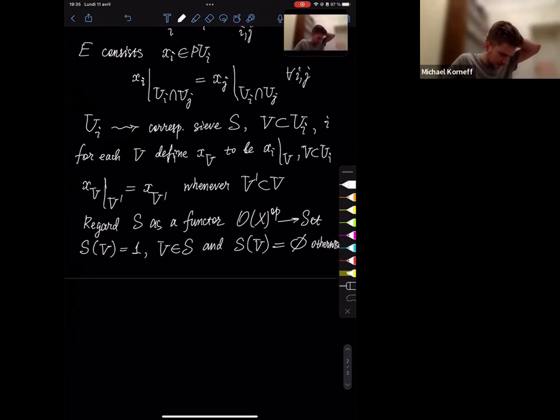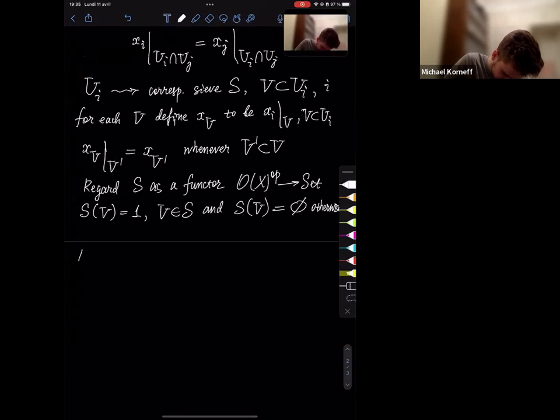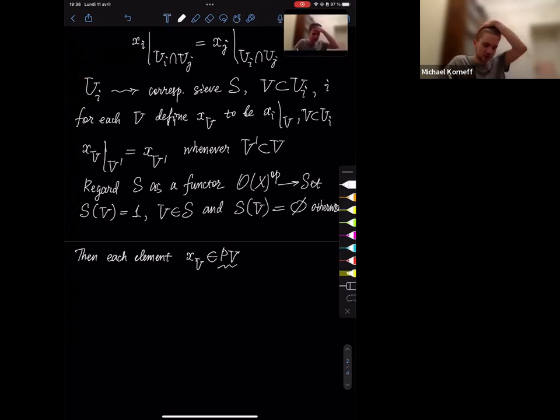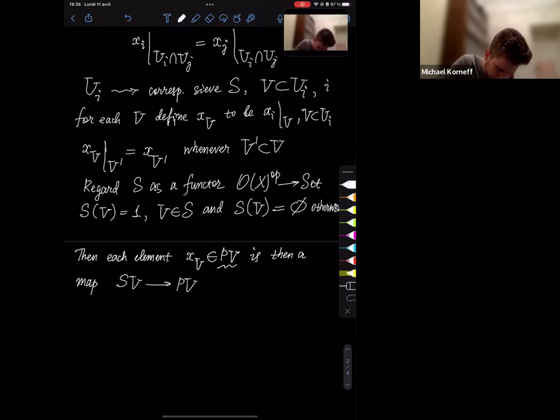Each element xV from P(V), where P(V) is a set of functions of the open set V, is just a map S(V) to P(V).